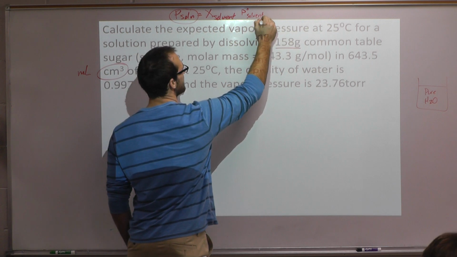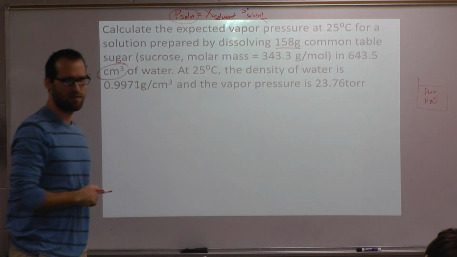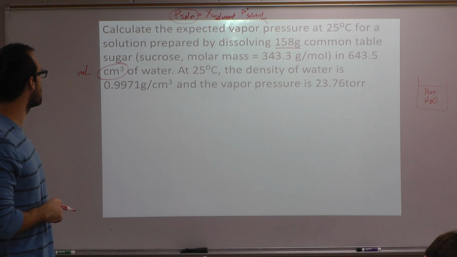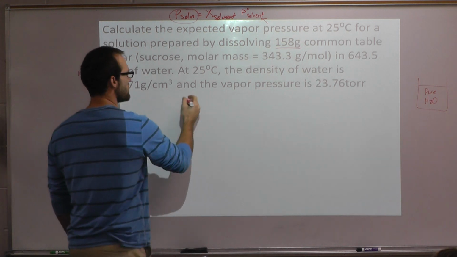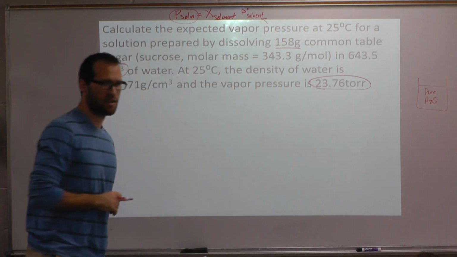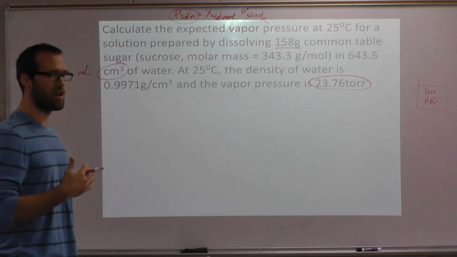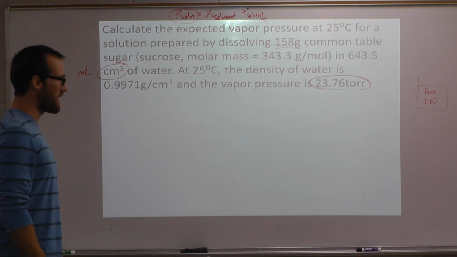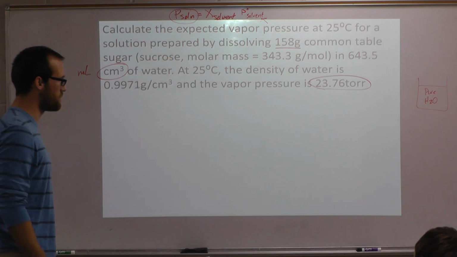This is always a constant, guys. Does that make sense? And I believe they gave it to us, right here. The vapor pressure of pure water at 25 degrees Celsius is going to be that. Now we know that at 40 degrees Celsius it'll be higher than that and so forth, but it's a constant at that specific temperature.